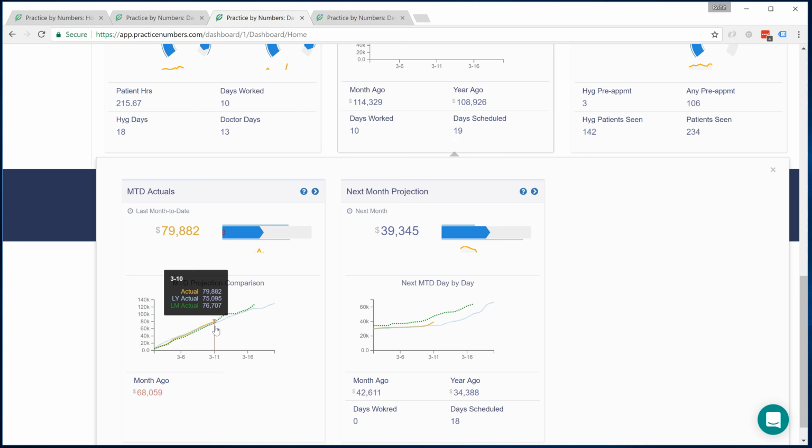And last year, I was at 75K. So just in terms of what's been done, I'm running about 4K ahead. So most likely these guys are going to accelerate from this point onwards because they have more booked production by the 10th working day of March than they did a month ago and a year ago. Okay.